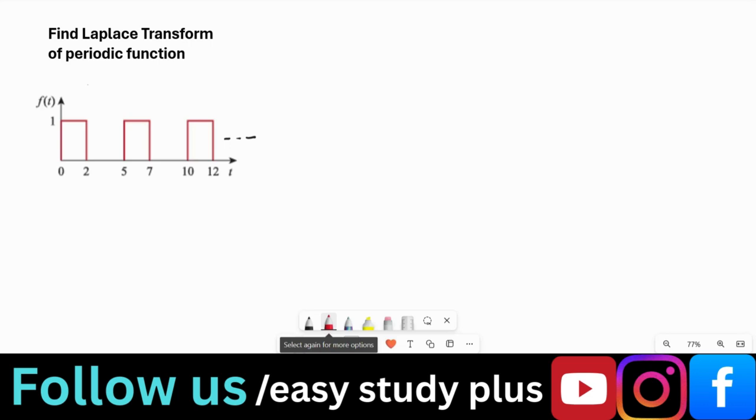So first write f(t) in terms of step function. It starts from 0 and goes one step up. So we will write 1, it is the one step. Then u(t minus where it starts, 0) and it remains continued.